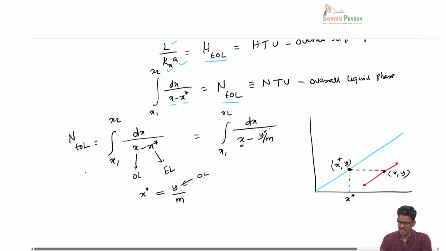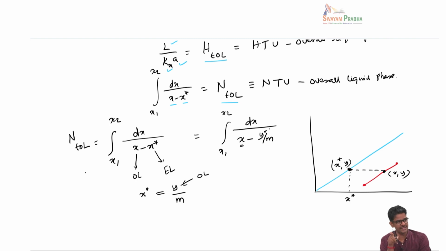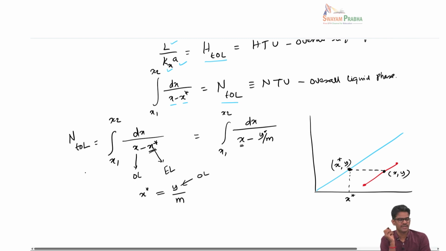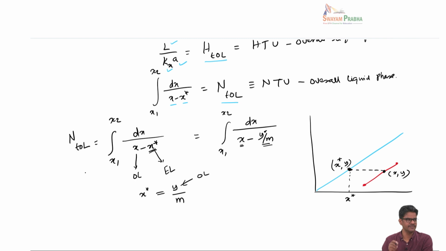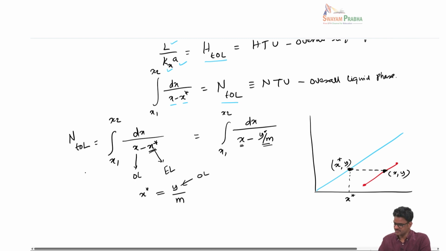in which case both x and y have to be chosen from the operating line. Now we already know how to relate x and y from the operating line, because we can write a mass balance. I can get an expression relating x and y in the operating line. Okay, so what we have done is the equilibrium liquid phase composition is obtained through the equilibrium line using the gas phase composition, but here the gas phase composition is also from the operating line, because I said the y value here and here are the same.